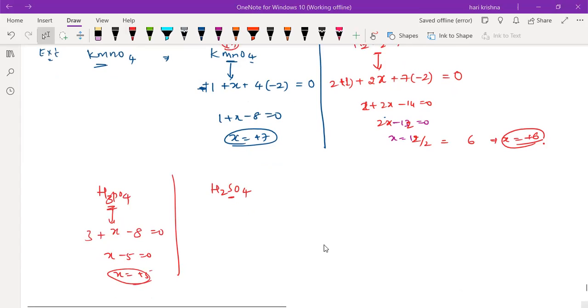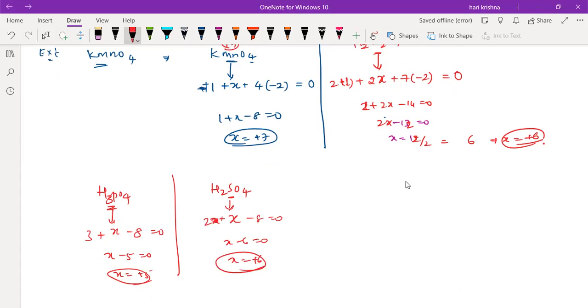Six, sir. 6. Sulfur is x. 2 plus x minus 8 equal to 0. x minus 6 equal to 0. x equal to +6. Understand? Yes, sir. Got it. Any doubts? No.